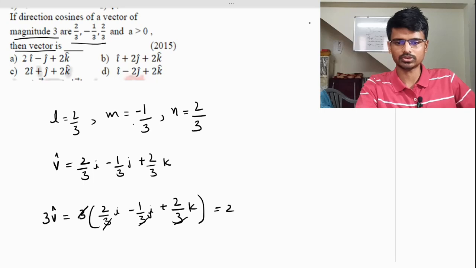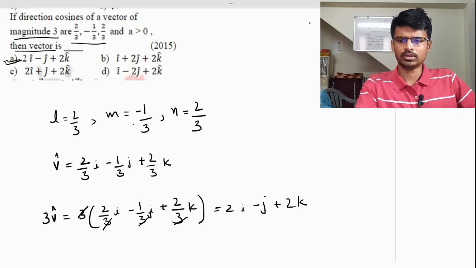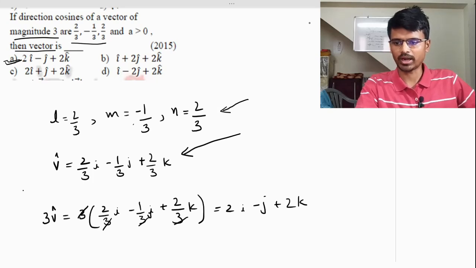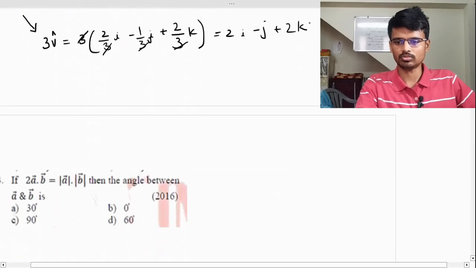So which option? Yeah, option A is the correct one, I guess. So this is how you solve this kind of question. Using the direction cosines, I was able to get the unit vector, and a vector of magnitude 3 units is nothing but 3 times the unit vector. Let's move on to the next question.